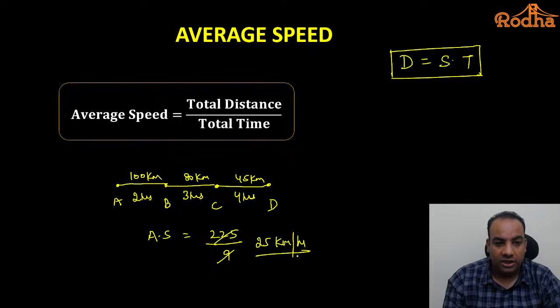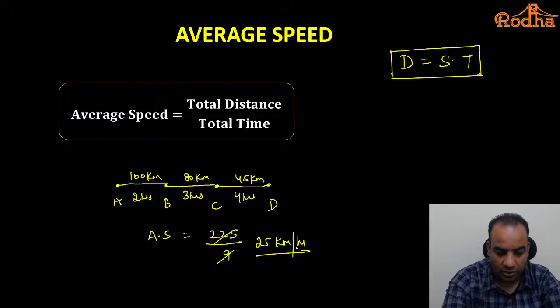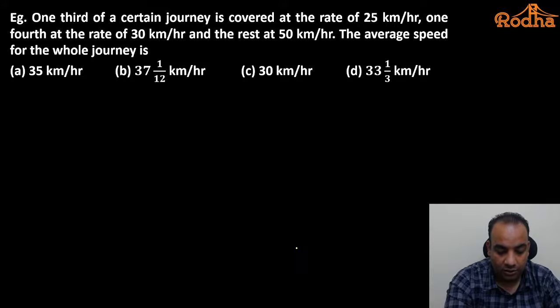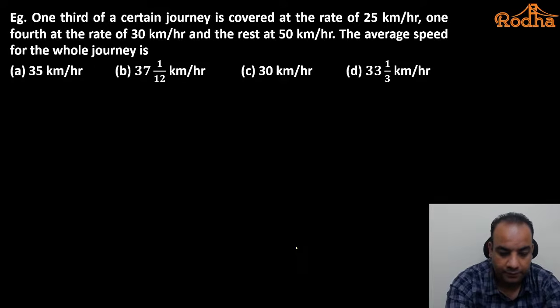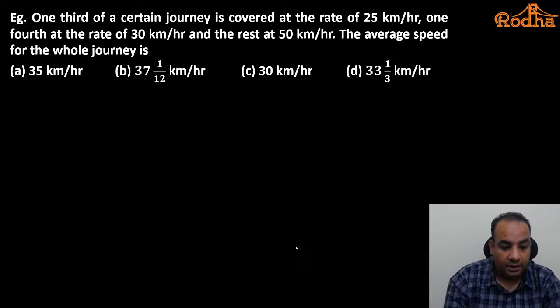Is it clear to all? So average speed is total distance upon total time. Now, all of you just read this question and try to do it.